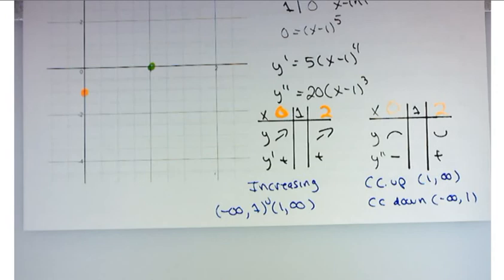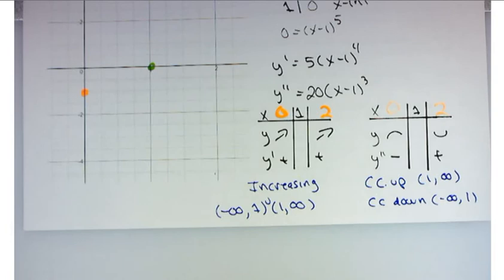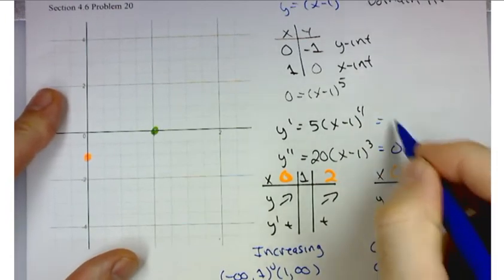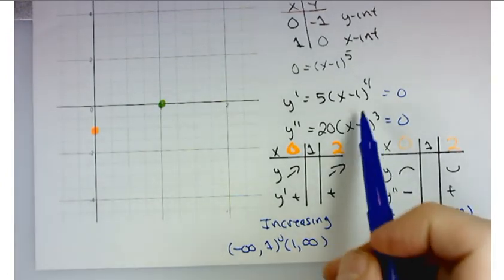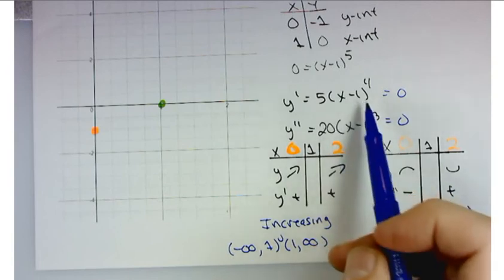What happens is that near x equals 1, this graph is going to be really, really flat. Yes, sir? That's where this could change signs. You solve where this is equal to 0. So where does the first derivative equal 0? Well, when x equals 1.